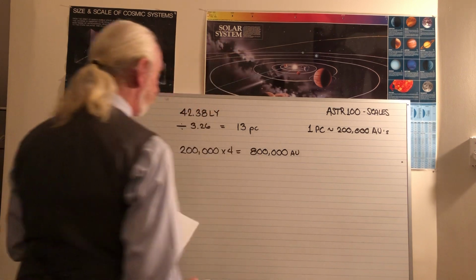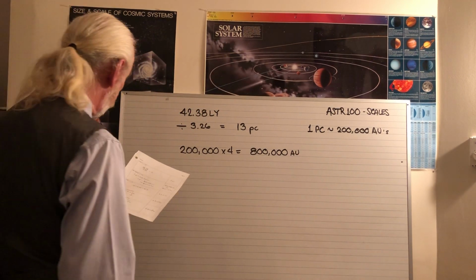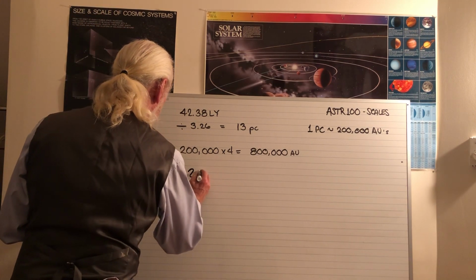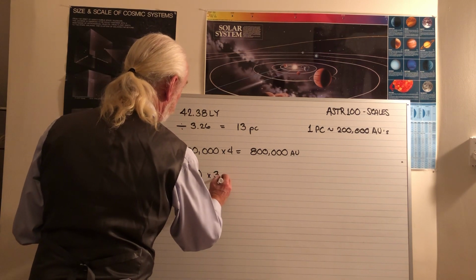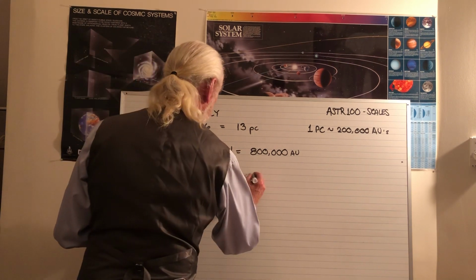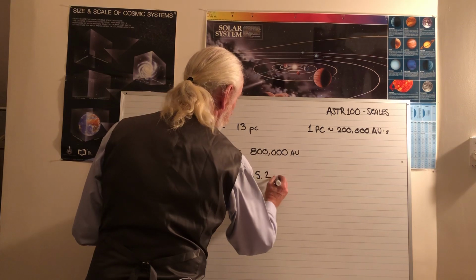Okay, next one, 20 parsecs equals how many light years? We're going to multiply 20 parsecs times 3.26, and we get 65.2 light years.